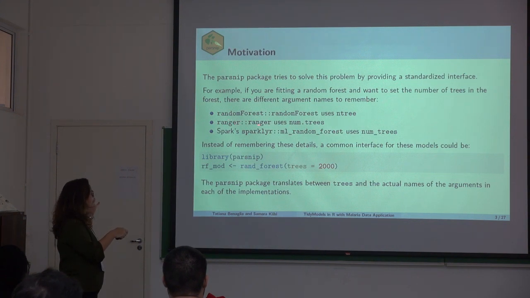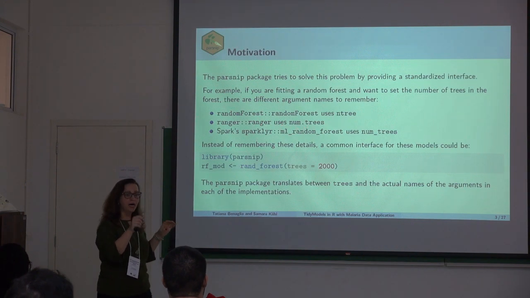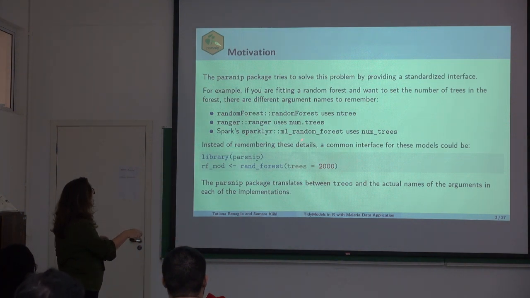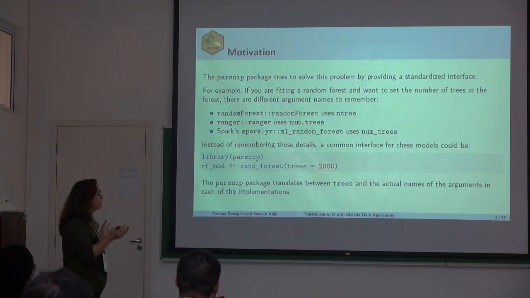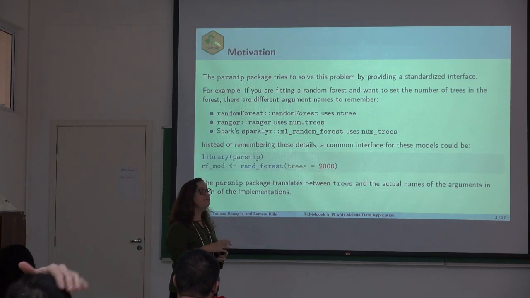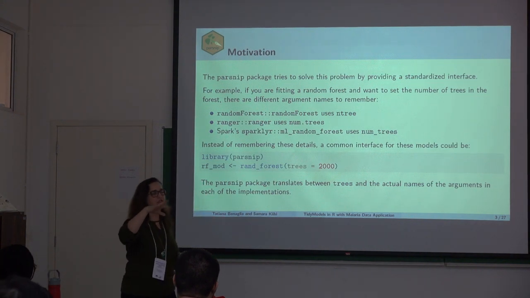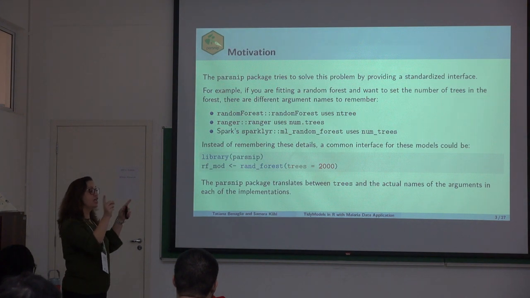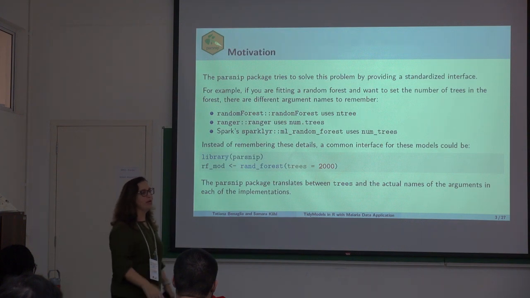If I use ranger, which is another package to do the same thing, then the argument is called num.trees. And in Spark, it's num_trees. So it's the same thing, but they don't agree. We understand that it's the same, but the names are all different. So you have to go to the function, check the arguments, and see how you can name them. And if you want to change, say I don't want to use this one, let me check another, you have to go back and change everything.